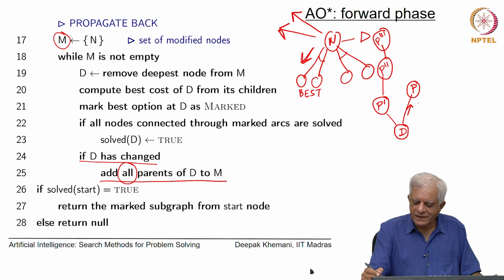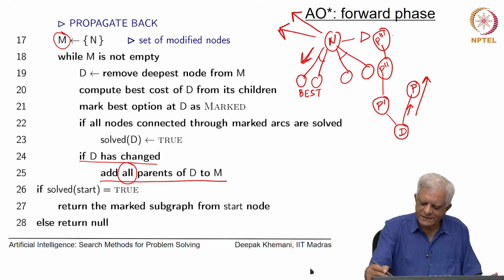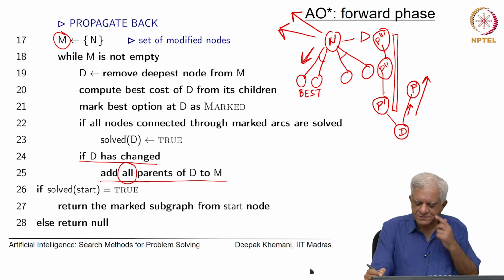So, if we were to only propagate it from the parent that we came from, then these ancestors would not reflect the change in the value of D.